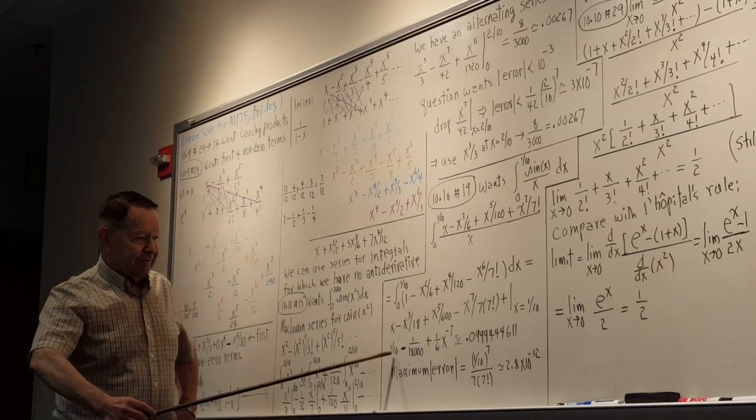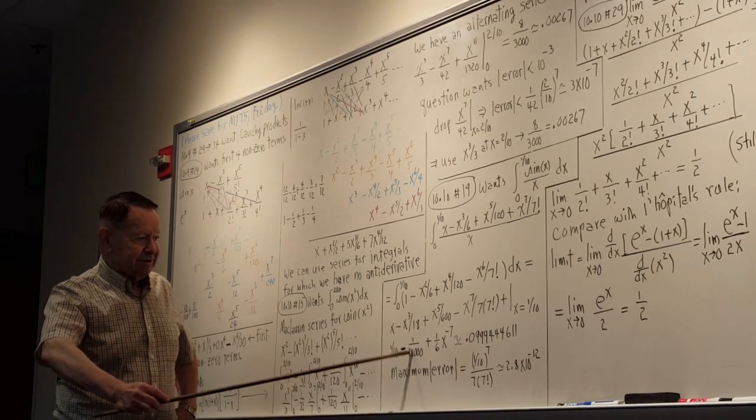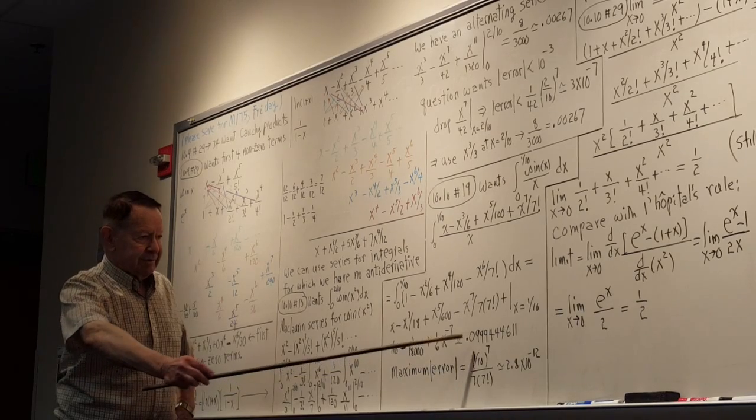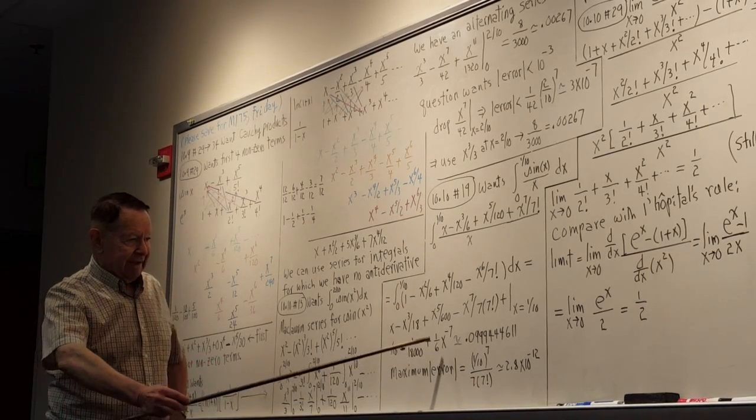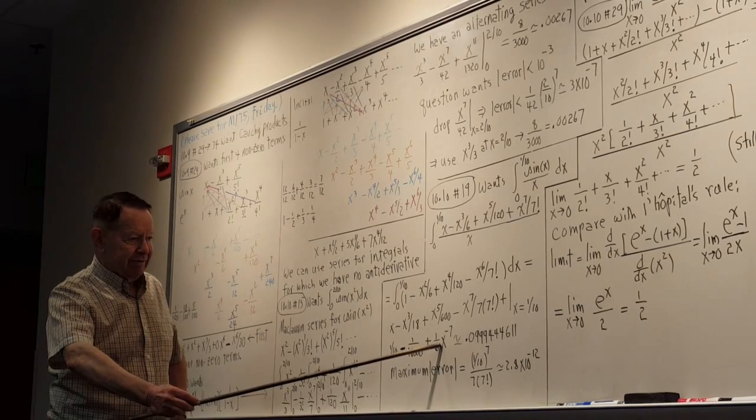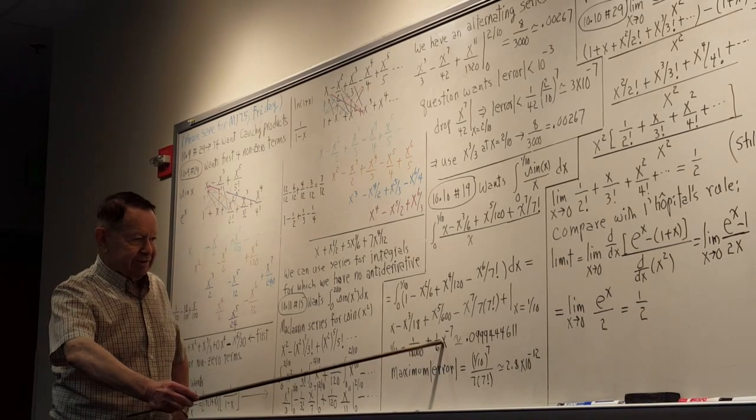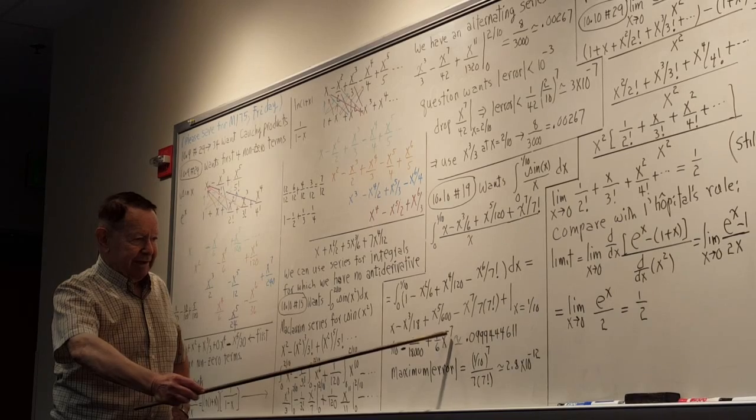So if you did the first two terms, you'd have something that's approximately this, and then your maximum error would be 1/6 times 1/10 to the minus 7.